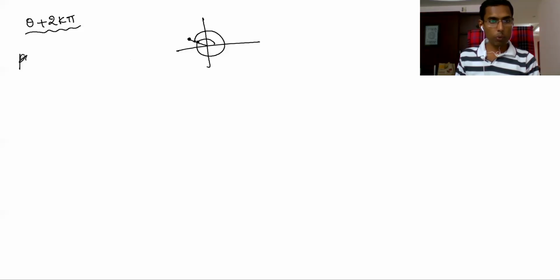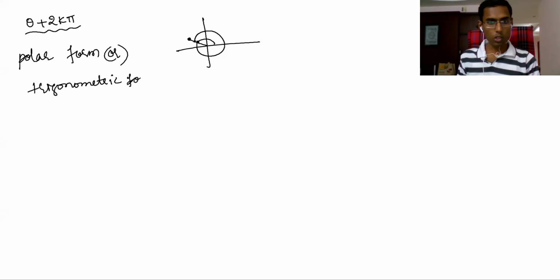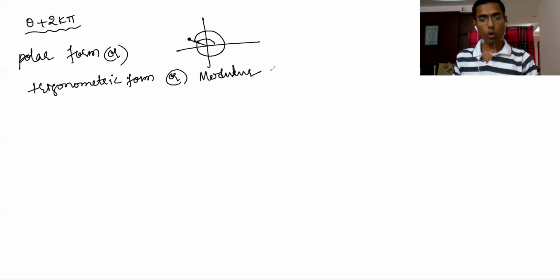Okay, so there is a polar form of a complex number. This polar form we can also call trigonometric form, or modulus argument form, or modulus amplitude form. These all names are the same: polar form.